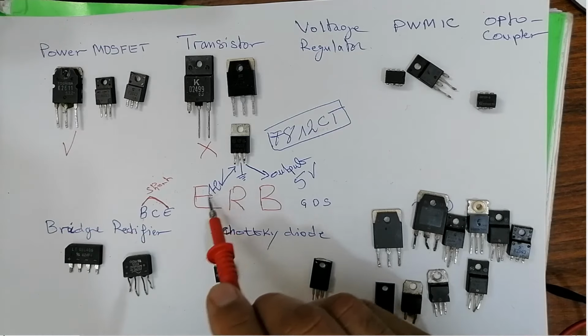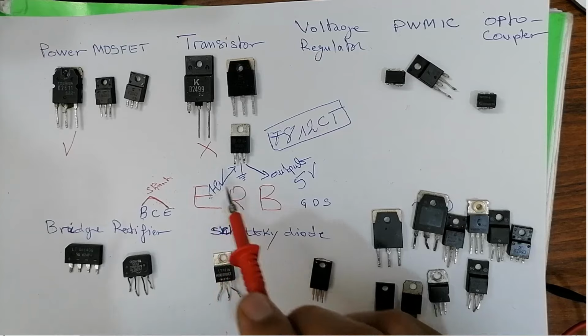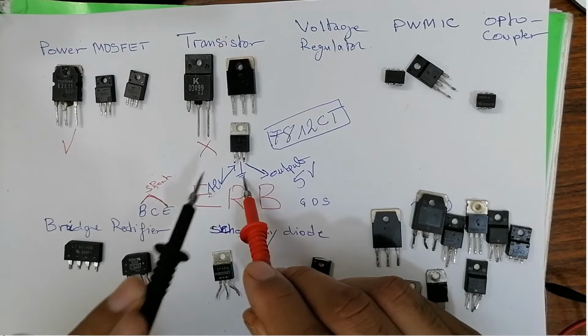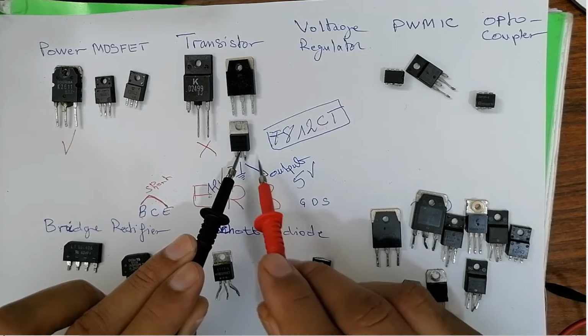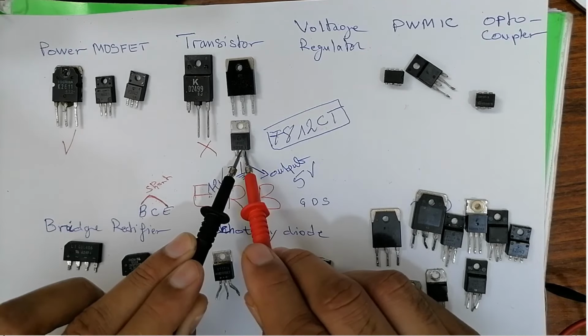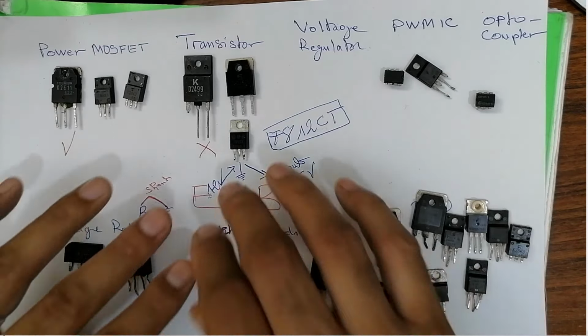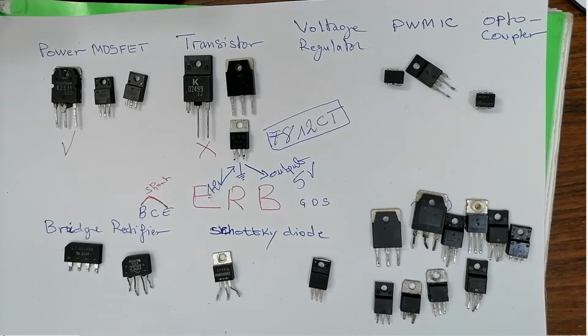Once you feed it 12 volts and connect this terminal to the ground, you can check these 2 terminals like this and get 5 volts on the multimeter. So this is how you can check the voltage regulator.